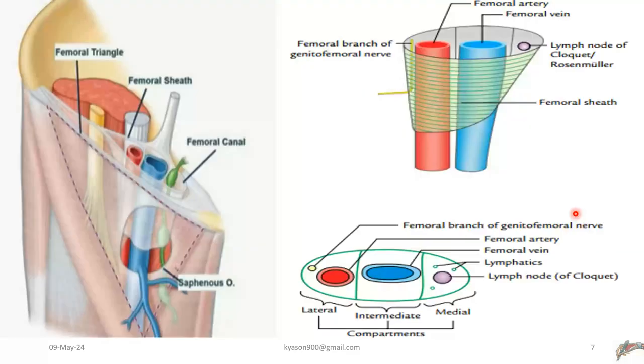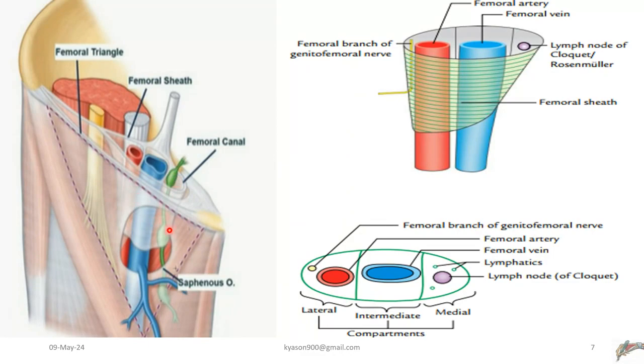Okay. This femoral sheath, we have said, it has compartments. The lateral compartment, that's where the artery is situated. The middle compartment is for the vein. And then the medial compartment is called the femoral canal, and it's going to contain lymphatic vessels and some lymph nodes. Okay, so those are the compartments of the femoral sheath.